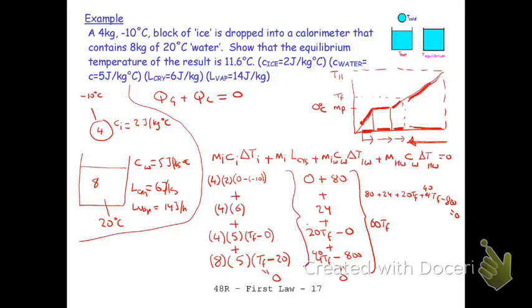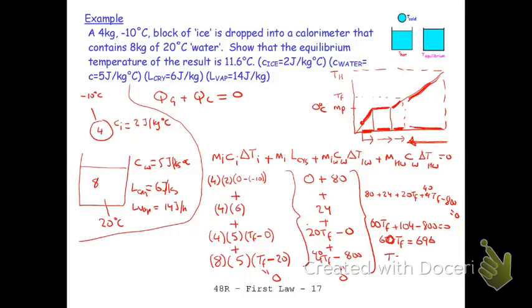Now, I got 80 and 24 making 104, plus 104 minus 800. So 60 TF is equal to 800 minus 104, which is 696.